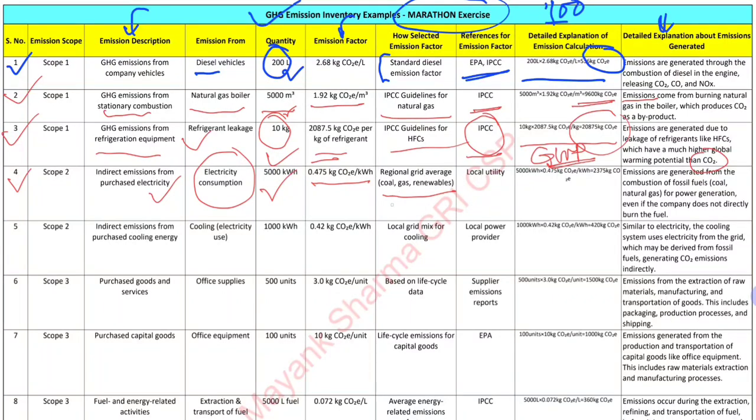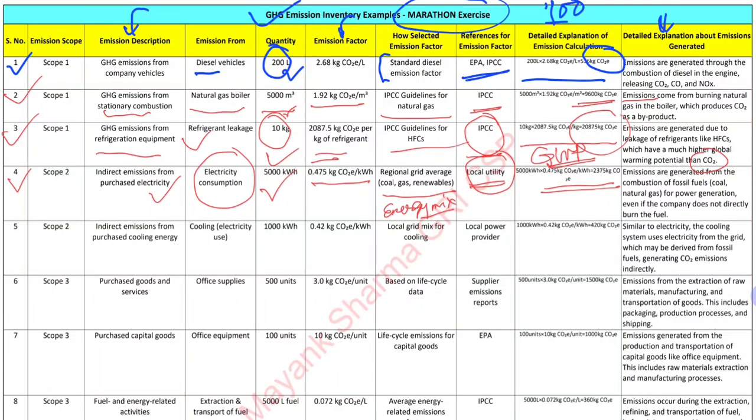So we are talking about the energy mix, and this is per the local utility. As per the local utility we select the emission factor and multiply it with the total electricity consumption, which will give us the total carbon dioxide equivalents.